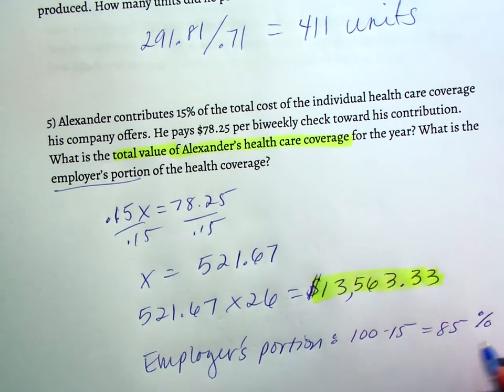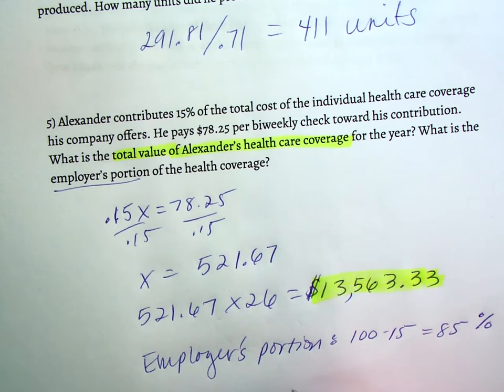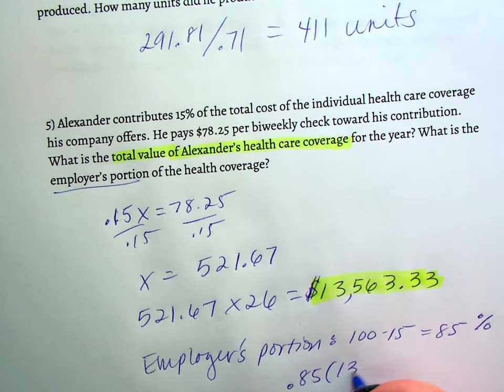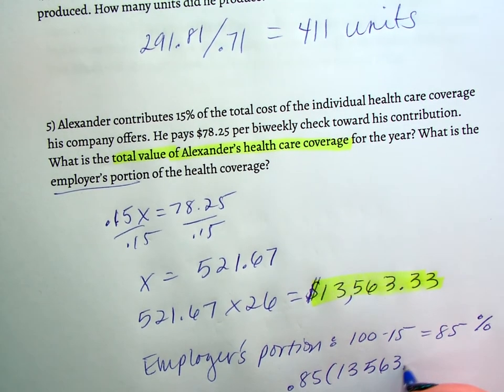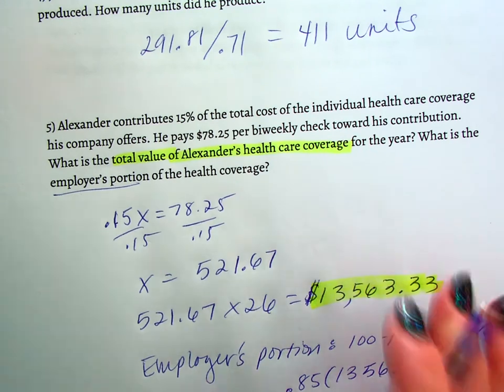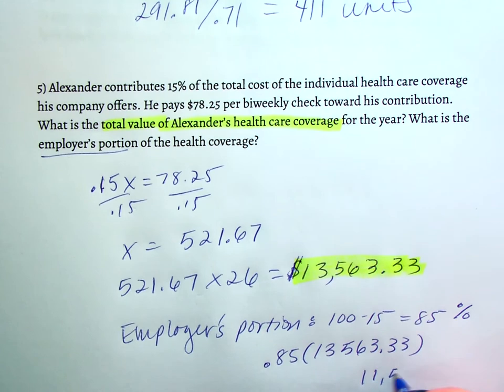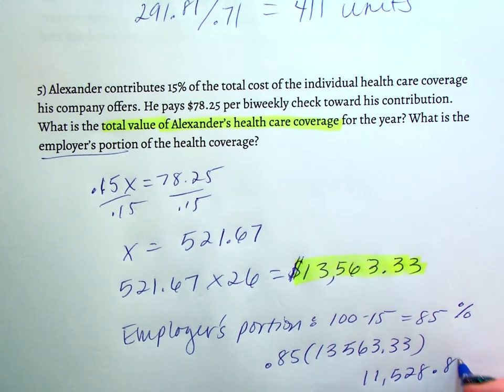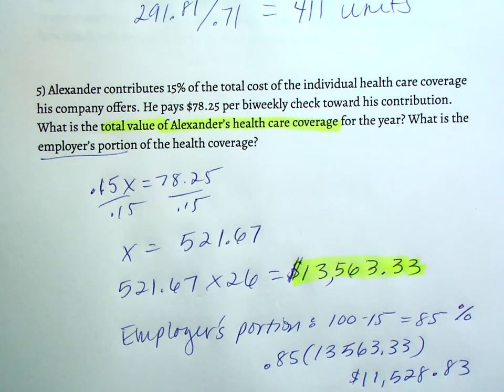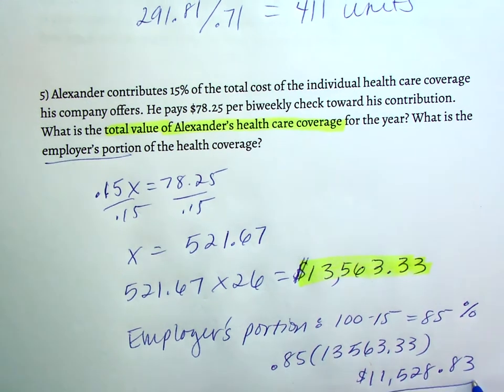They cover 85% of the policy. So 0.85 of $13,563.33. We get $11,528.83. 85% of that total value is the employer's portion.